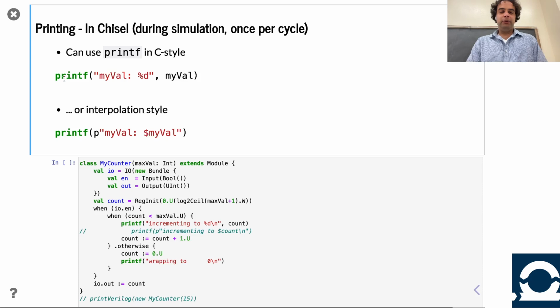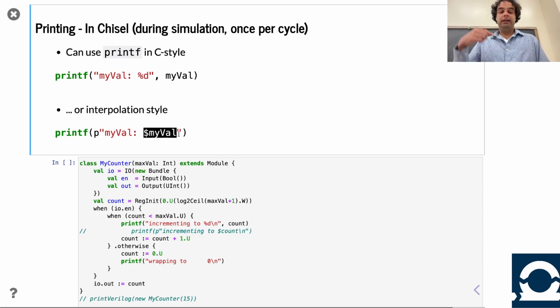However, you might take a more modern style and once again adopt interpolation. And we can do that too with Chisel. We can interpolate the value just fine if you use a p. That was something someone on Chisel's side chose for the printf interpolation string. So this is not normal Scala. This is something for Chisel. But if you want to use printf with the interpolation style, you can include raw strings as well as a variable to be substituted.